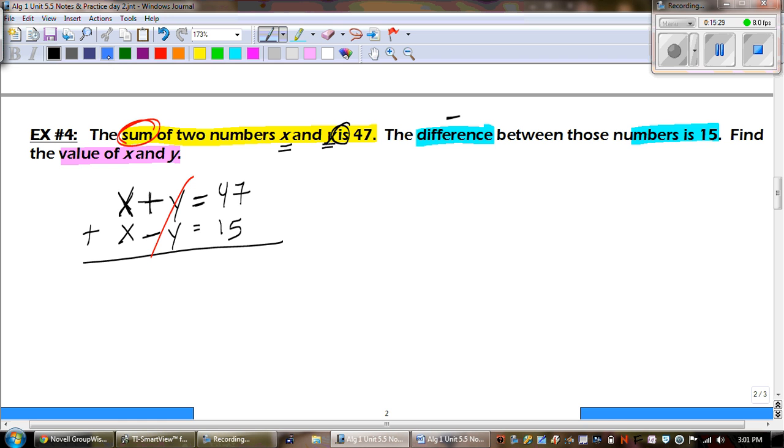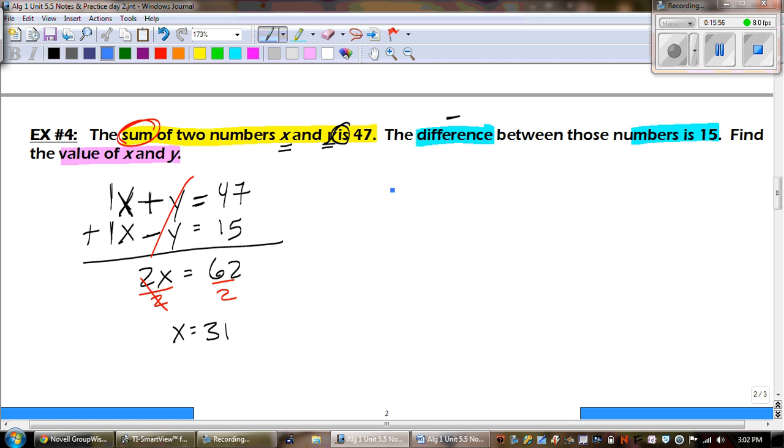Now this is where we have to be careful because how many x's do we have? I have 1x plus 1x gives us 2x. Okay, and 47 plus 15, we get 62. Now to find what x is, we need to divide by 2, and we get that x equals 31.